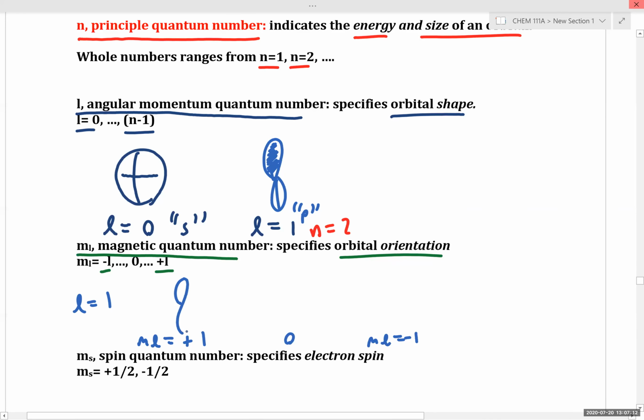As ML changes, what happens to our orbitals? The shape is the same, but is the 3D orientation of our orbital, the direction that it is pointing and arranged in space, the same or different? Different, exactly. So ML controls the orbital orientation, and you can have values of ML from positive L all the way to negative L.